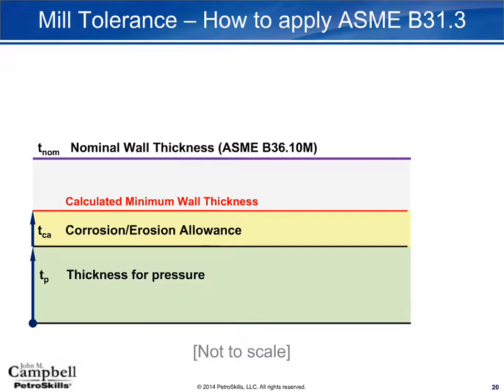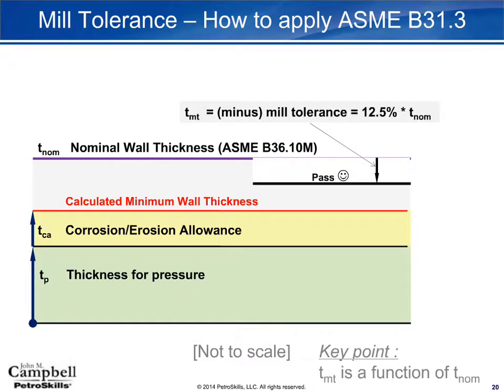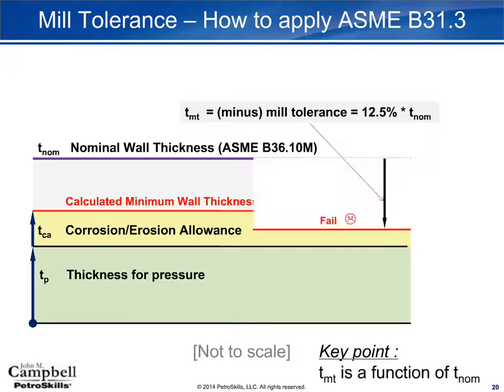With that, I take off the 12.5% mil tolerance. Is that going to reduce my thickness to a point where I am still above my calculated minimum, or does it take me to a lower thickness where I start cutting into either my corrosion erosion allowance or into my thickness for pressure? I like to appreciate what this looks like graphically because it makes it very clear where this is coming from.